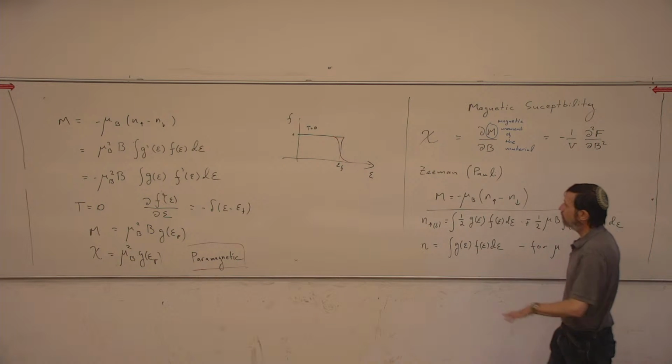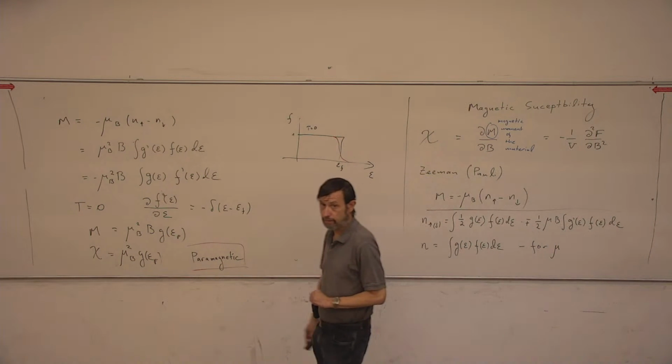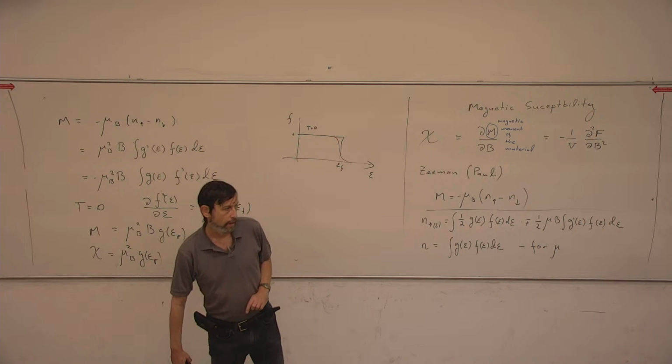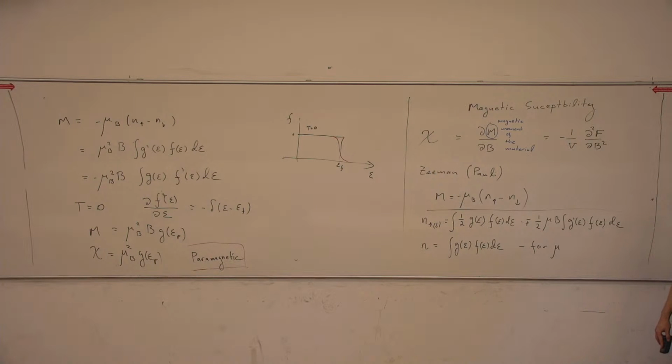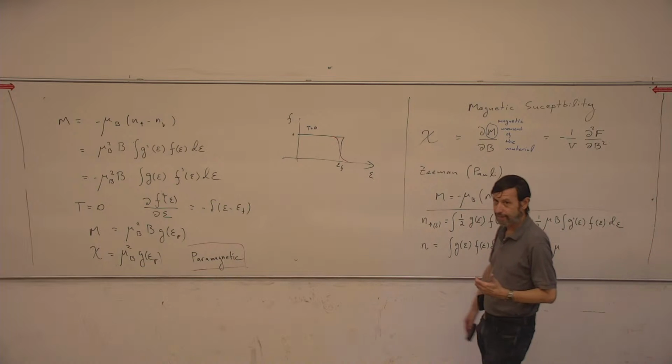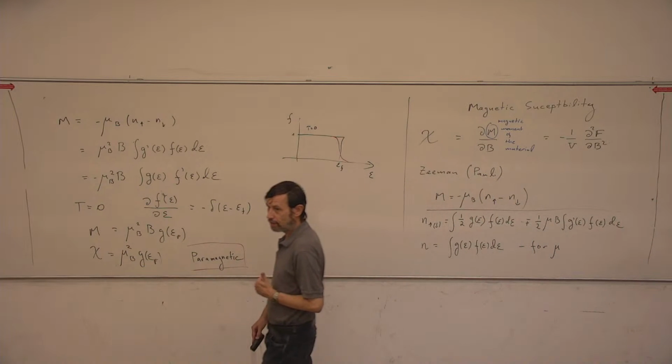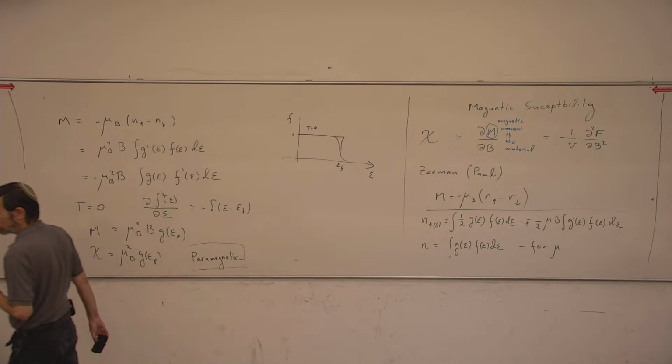Now let's go to the orbital effect. And in this case, I'll treat the electrons as free electrons. And for simplicity, I'll think about two-dimensional electrons. Why two-dimensional? First, because it's simpler.